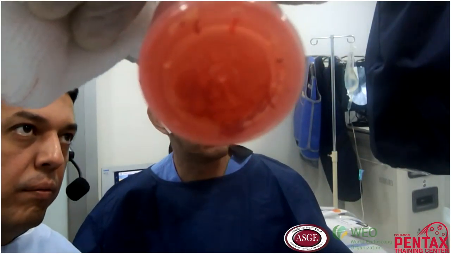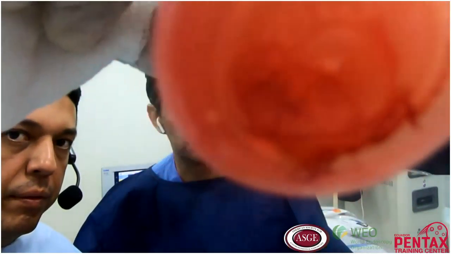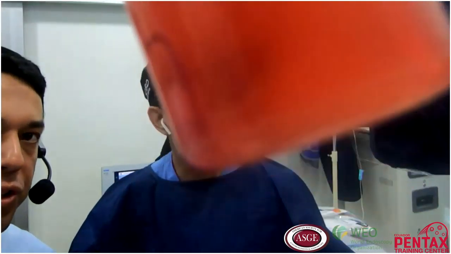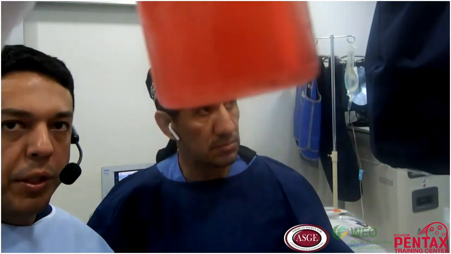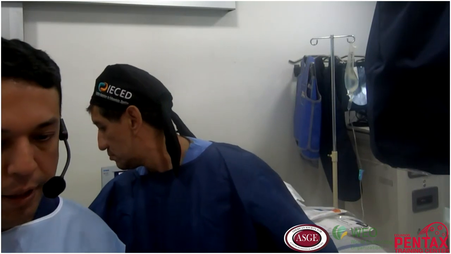You see there? Very nice fine needle biopsy. So I think we finish here. This patient needs to be evaluated after that. We need to see if this patient has liver cirrhosis or not. And we will close the transmission.